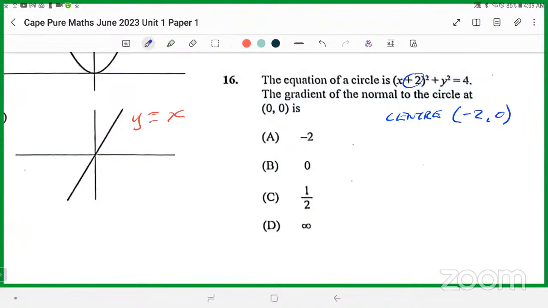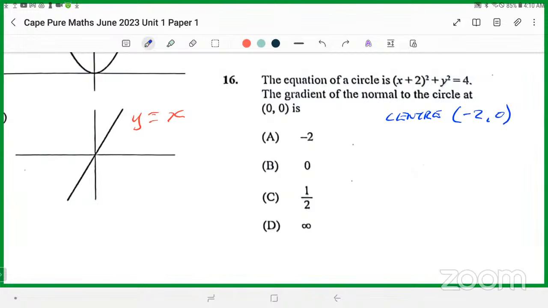Minus 2 because of this, and 0 because this is the same as 1 minus 0 squared. That's the center, and this point is on the x-axis. The normal passes through both points, so the normal is actually the x-axis, y equals 0. The gradient is a horizontal line, so the gradient is 0.